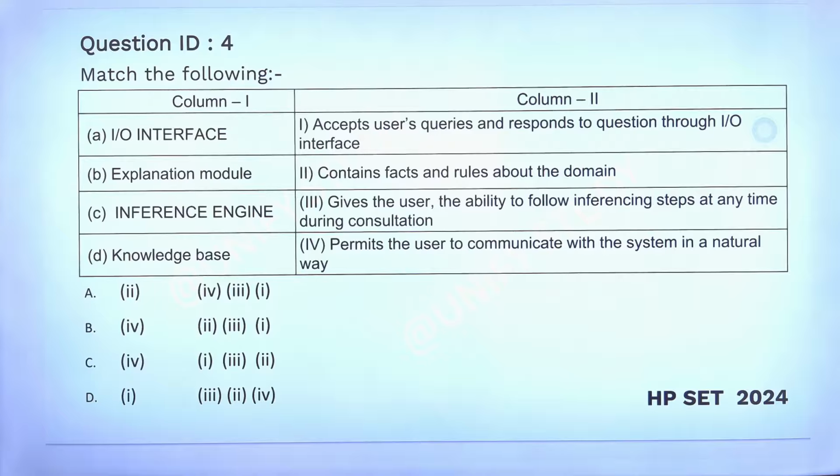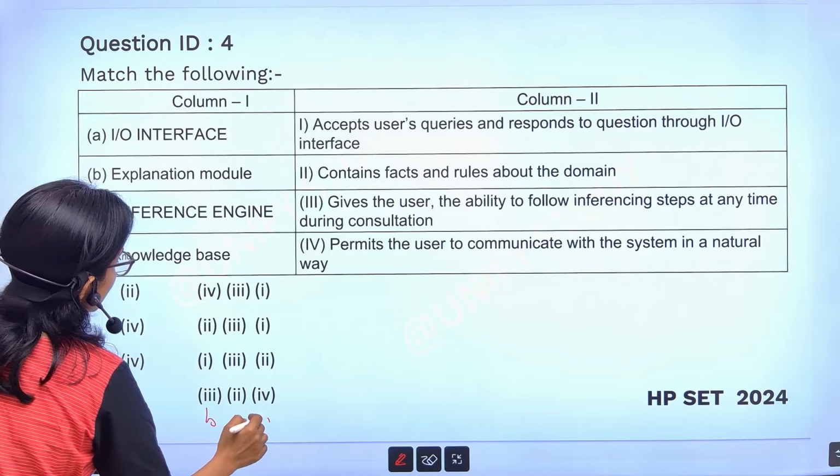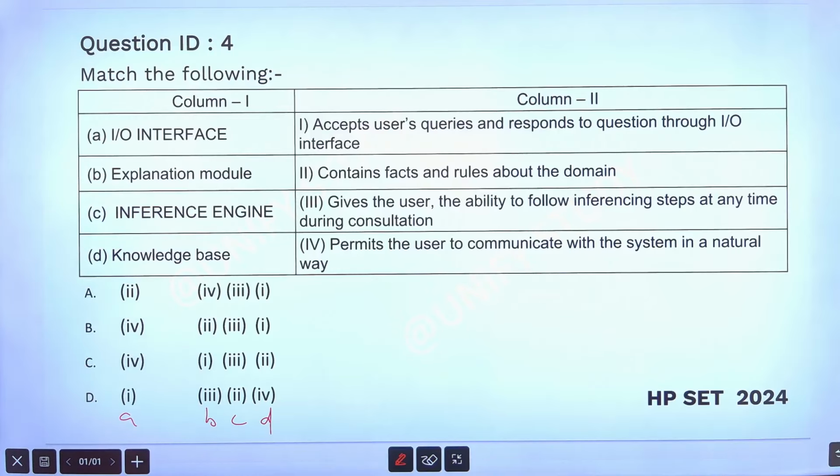Think, match and answer. Here actually something is hidden. It is A, B, C, D. Like this you have to match.